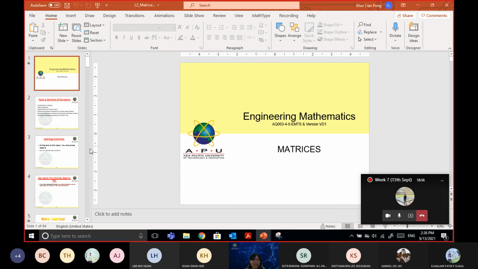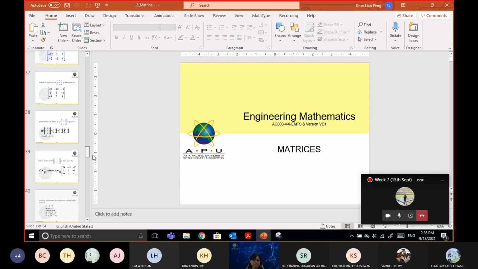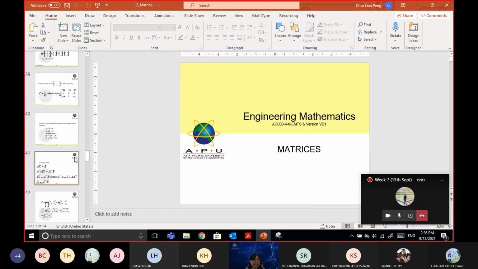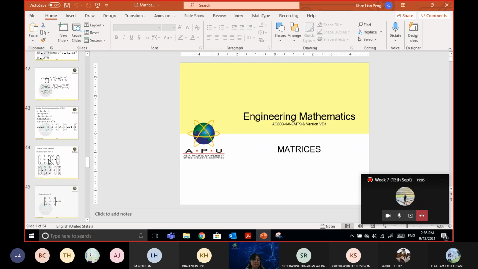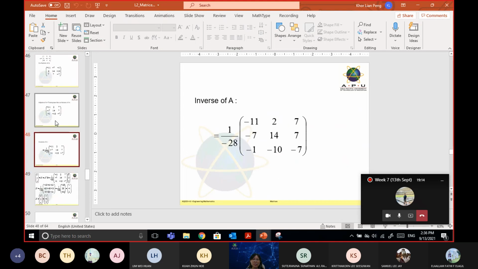Some matrices given are easy, so that's why the Gaussian elimination method is easy. Now, just a quick recap on the Gaussian elimination method.